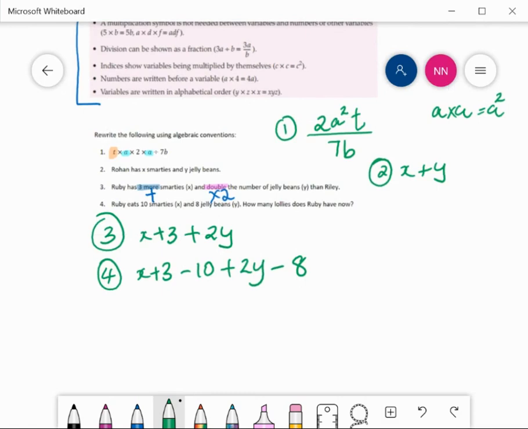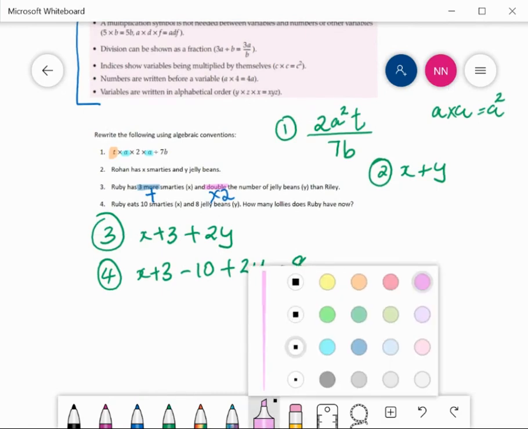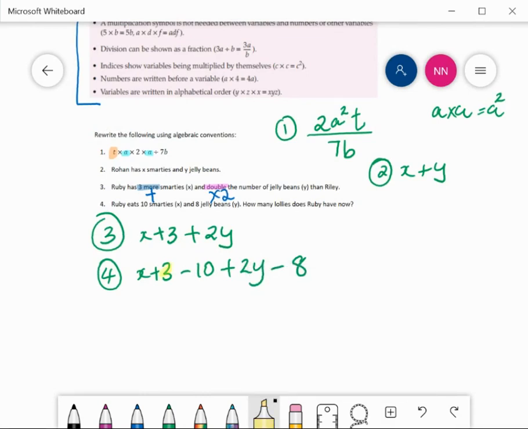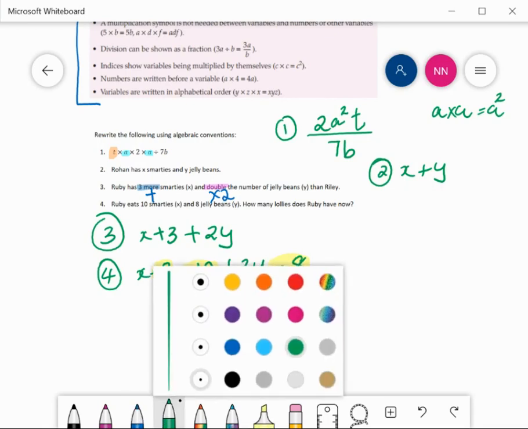Now, if you have a look, we can see that there are some like terms. Our like terms over here are our constants, which is positive 3, take away 10, and take away 8. So now we can simplify those 3 numbers.